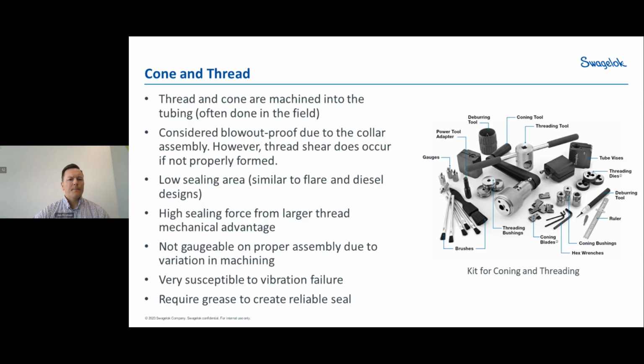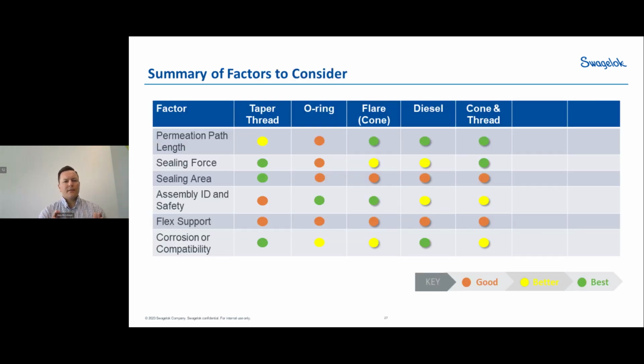So if we look at the family of flare style fittings, what we're talking about is a very short or non-existent permeation path. It's certainly a step above the taper thread and the O-rings. Sealing forces are pretty high, particularly in cone and thread, and the area is small.